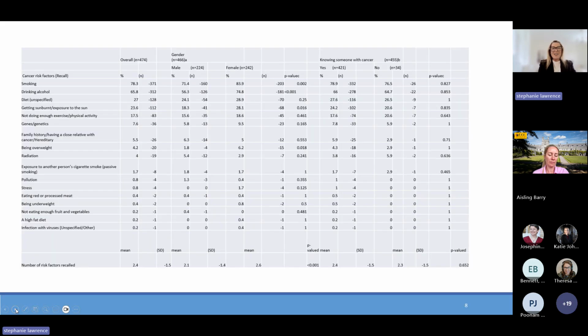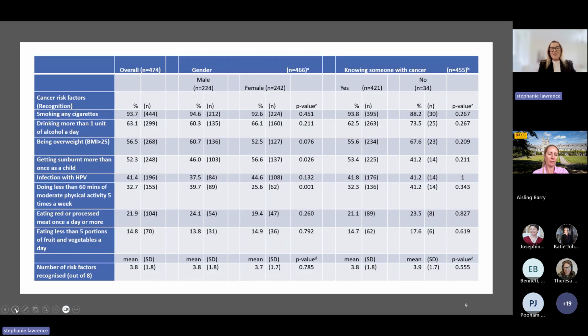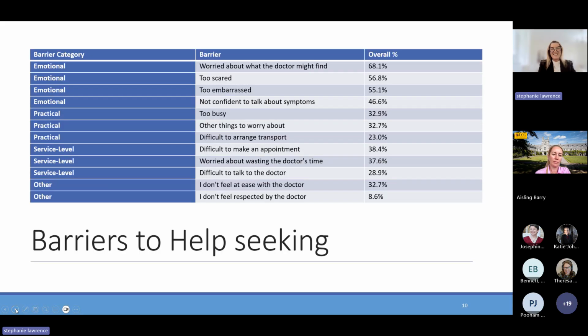Looking at cancer risk factors, quite a lot of adolescents identified smoking as a cancer risk factor, 78.3%. And this is quite high amongst people who knew someone with cancer. On recognition, again, you can see smoking any cigarettes, 93.7%, although eating less than 5 portions of fruit and vegetables was least recognised.